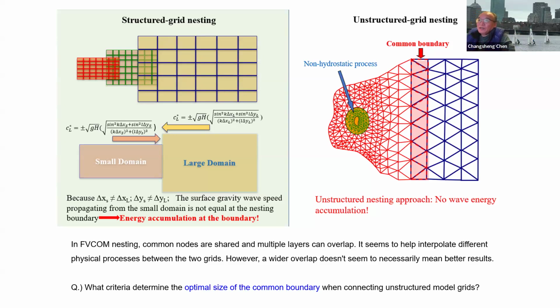Another thing recently: Japan and China had a conflict about nuclear pollution. Japan had a nuclear leaking problem, so they dumped a lot of water into the ocean. The Chinese scientists used our FVCOM model, or another model, and the news said this water can really pollute China very quickly, in about a couple of months. But then you look at the resolution they chose. They got two things wrong.